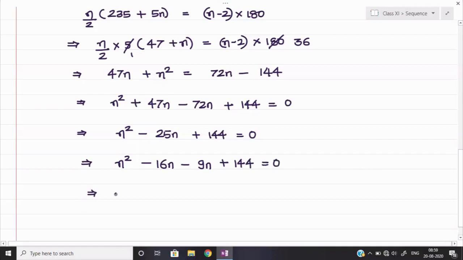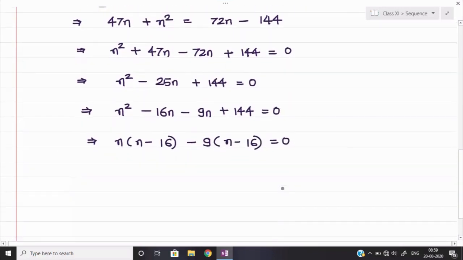So here we can take n common, remaining is n minus 16, and here I will take minus 9 common, so remaining will be the same, n minus 16, equal to 0. N minus 16 I will take common, so this will be n minus 16 and this will remain n minus 9 equal to 0.